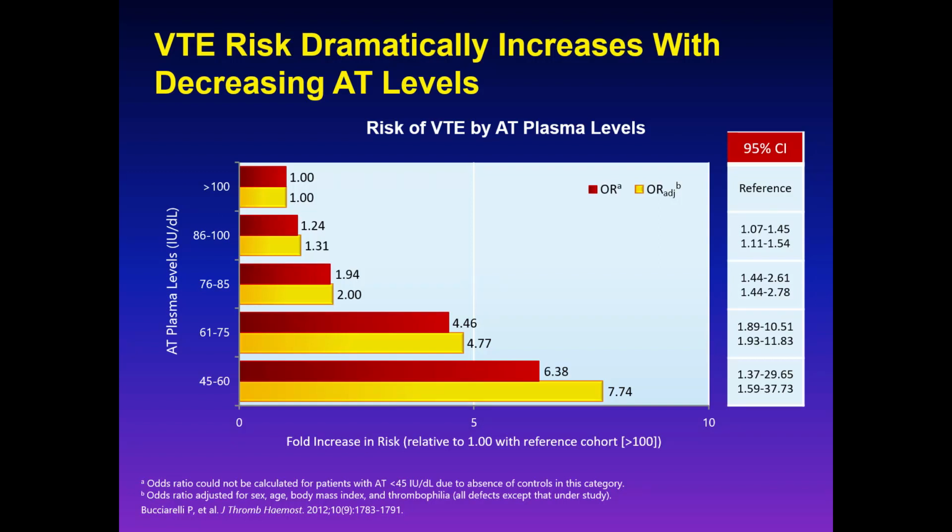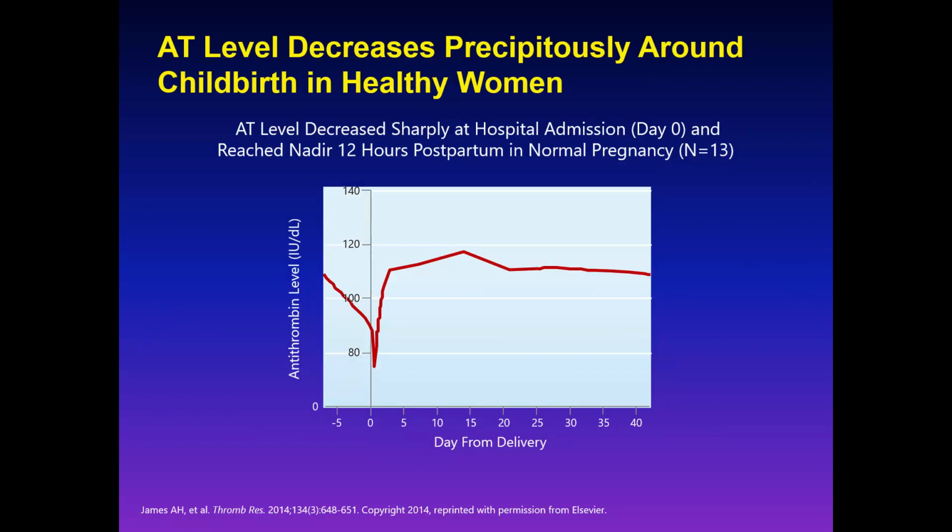Just a reminder that pregnancy is a prothrombotic state, and it wasn't until relatively recently that Andy James from Duke reported the antithrombin activity decrease right in the peri and postpartum period, that then relatively rapidly returns to normal.